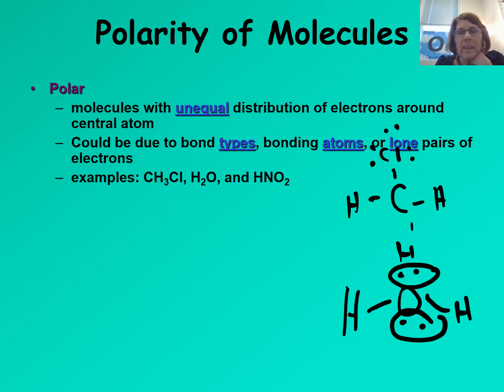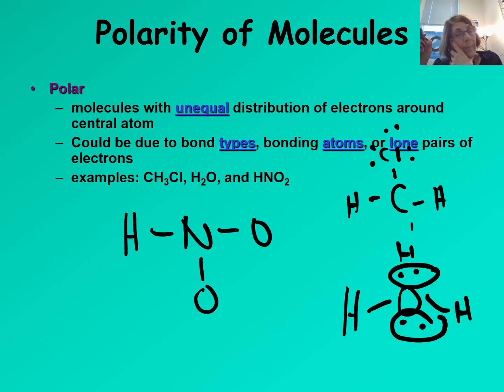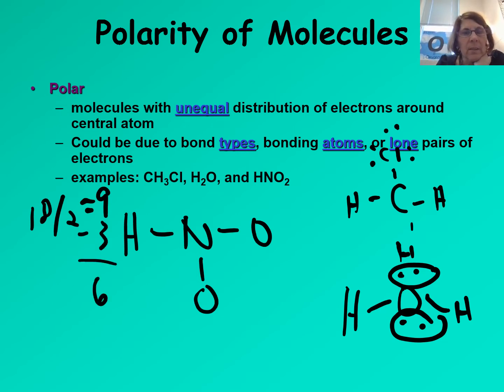Let's see how HNO2 works. So we can figure this out. 1 plus 5 is 6, 6 plus 12 is 18, divided by 2 is 9 pairs.